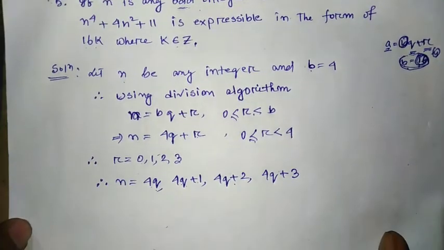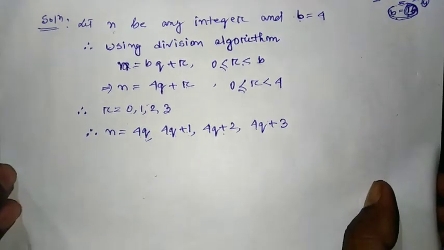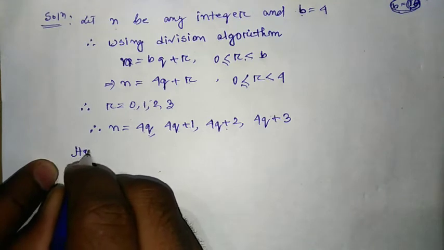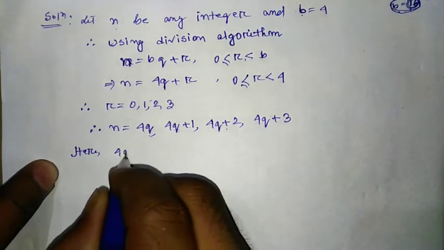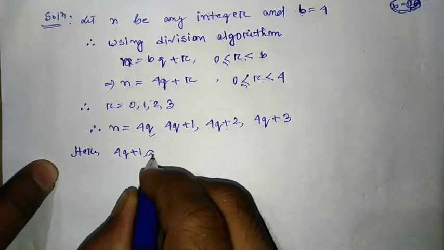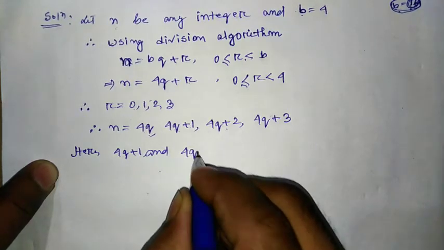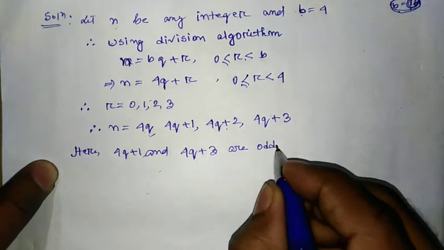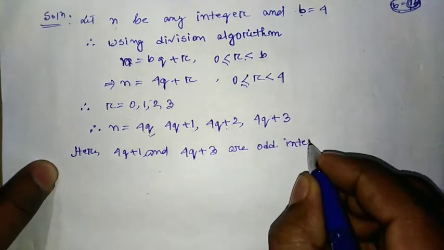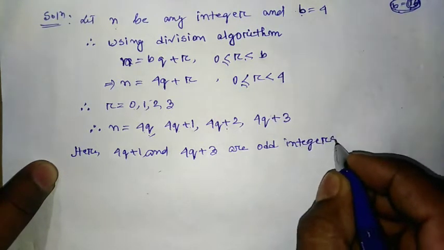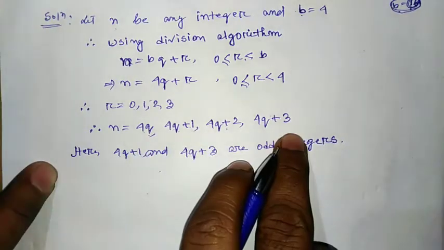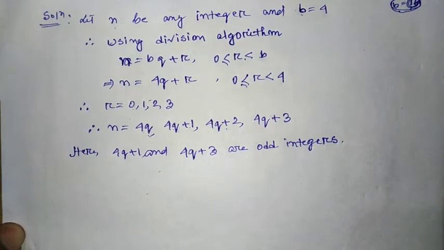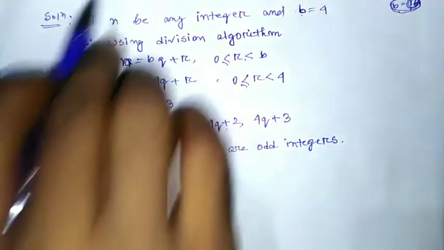So right here, 4q plus 1 and 4q plus 3 are odd integers. So by considering 4q plus 1 and 4q plus 3, we have to solve the given expression.